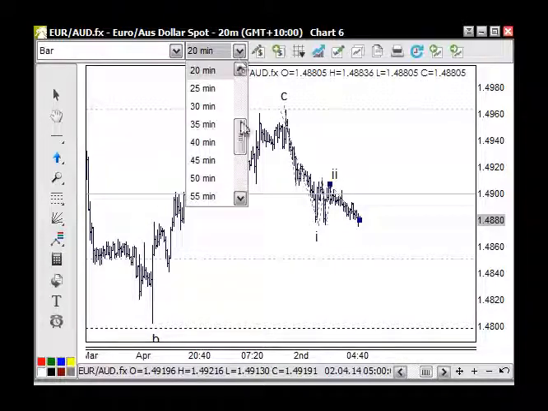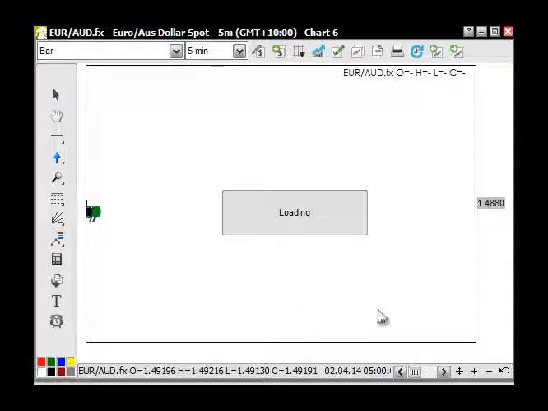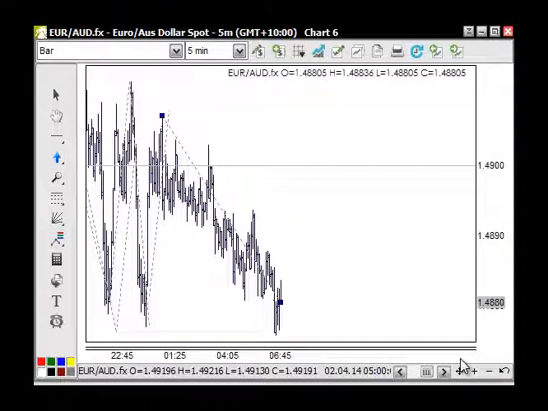Let me just have a little look on the 5-minute chart here, see what we've got in a bit more detail.